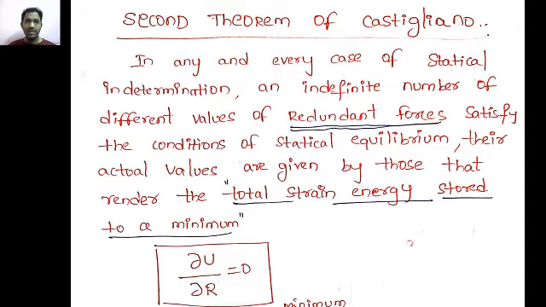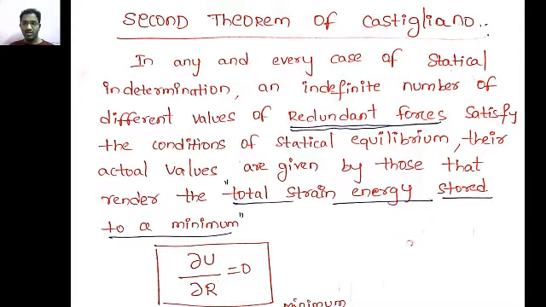In every case of statical indetermination, there are different values of redundant forces to satisfy the equilibrium conditions. I am explaining one more time: to find the redundancy, to satisfy the equilibrium conditions. Redundancy means an extra force for a particular beam or member.